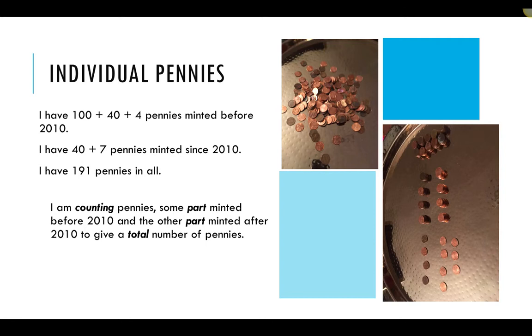Some parts were minted before 2010 and some parts were minted after 2010, and it gave me a total number of pennies. So do you see how I am now summarizing the parts and the whole of this particular problem? If I was to summarize every time, I would help my students to understand that every one of these combining and comparing problems has some parts and some wholes.